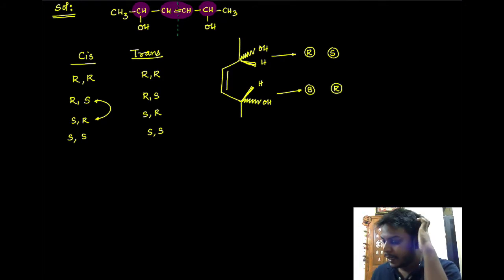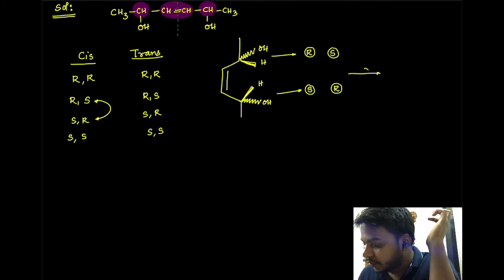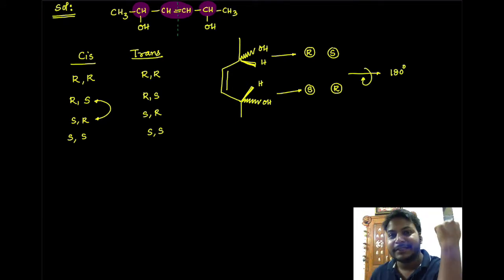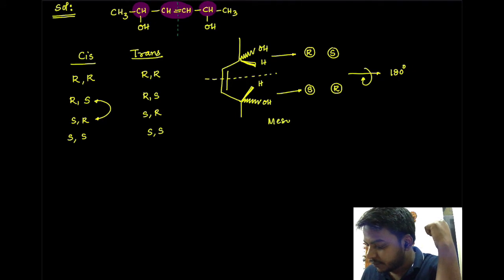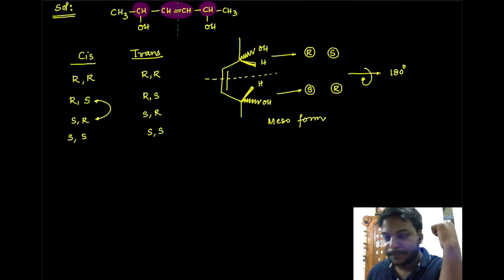Okay. And in case I rotate this by 180 degrees with respect to horizontal, I will get the same form. So in fact there is a plane of symmetry that is running through this. So hence I could say this is actually a meso form. So it is one and the same.